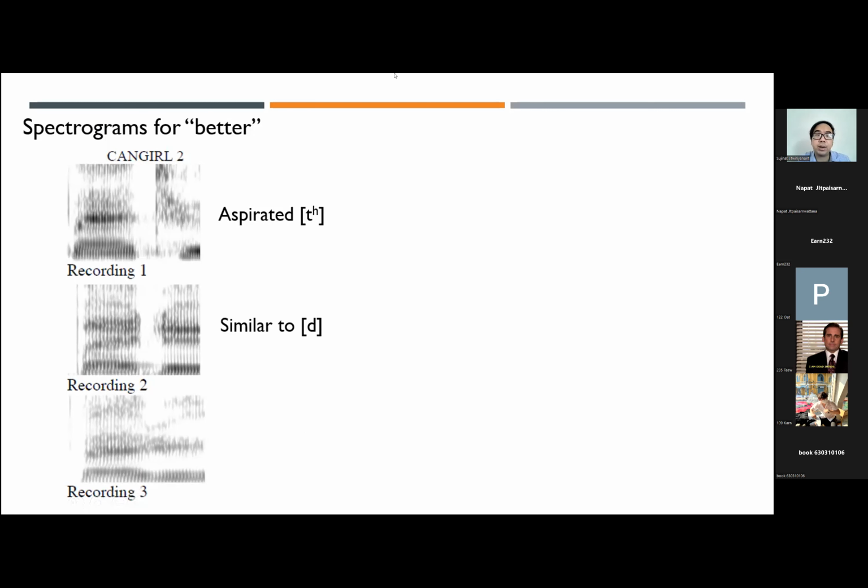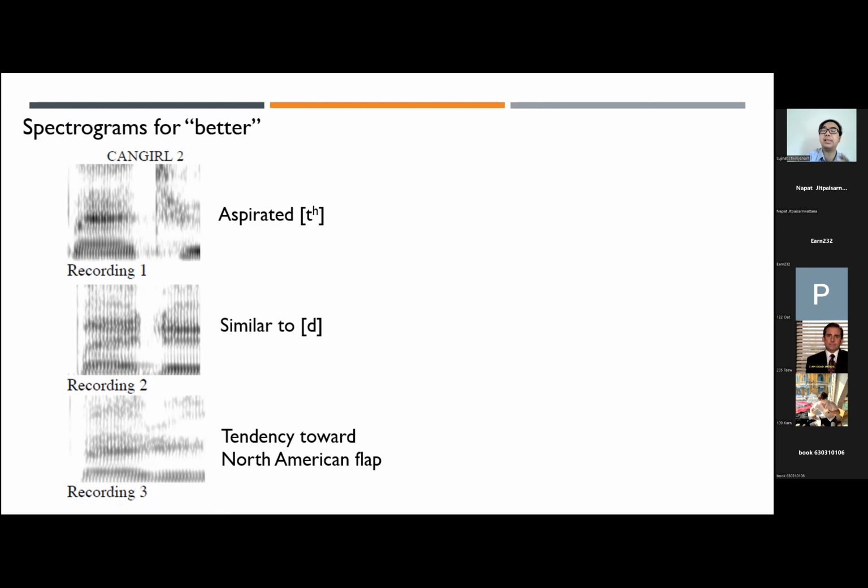The second one is "better." And the last one, you can see a very short pronunciation of the consonant, which is similar to the American flap, "better." So with the sound spectrogram, we can see the development and improvement of the pronunciation.